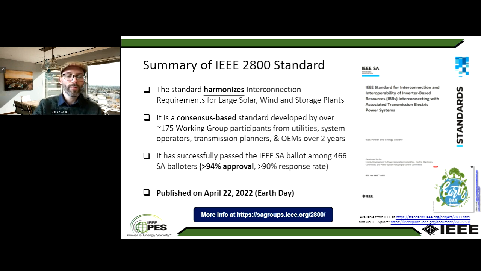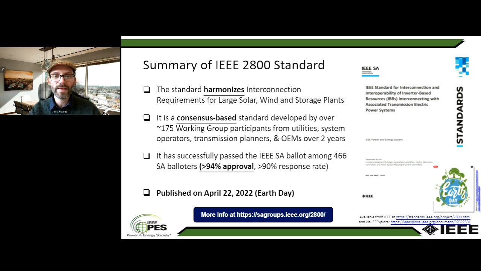So the summary of what 2800 really provides is a set of harmonized interconnection requirements. It is a consensus-based document that was developed by more than 175 working group members, from which I know many of you are here on today's webcast. And I think the whole industry owes you so much for your dedication, your time, and your diligence developing the initial ballot draft of 2800.